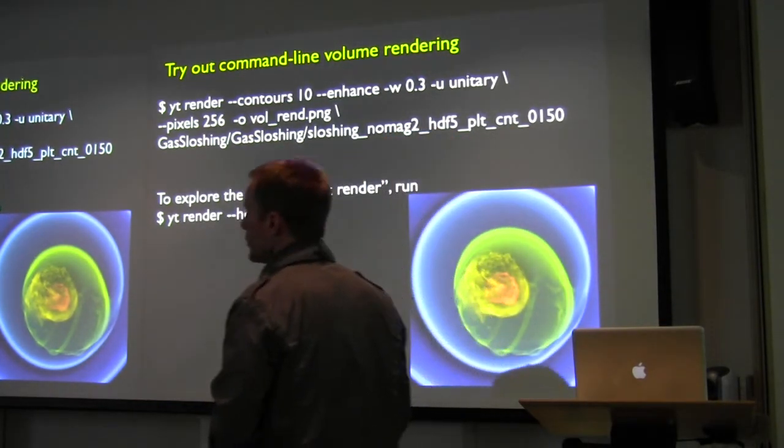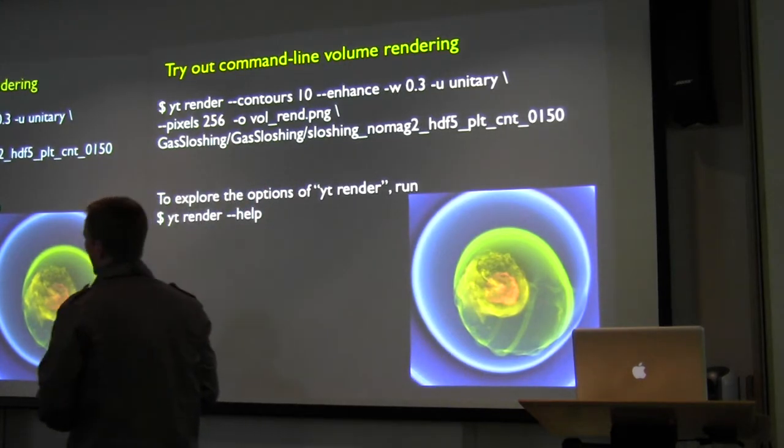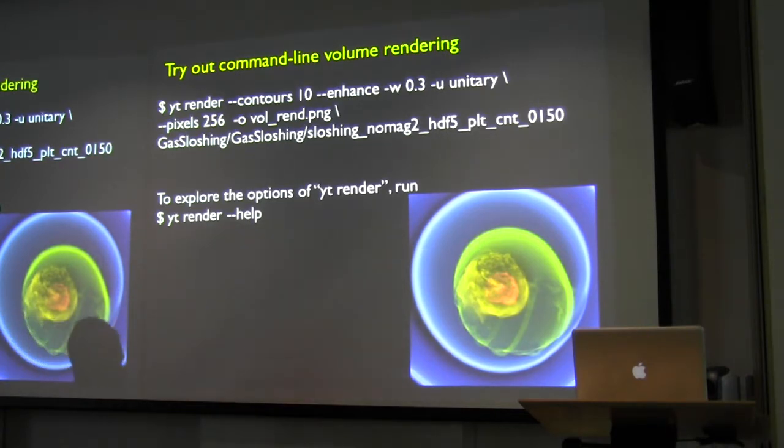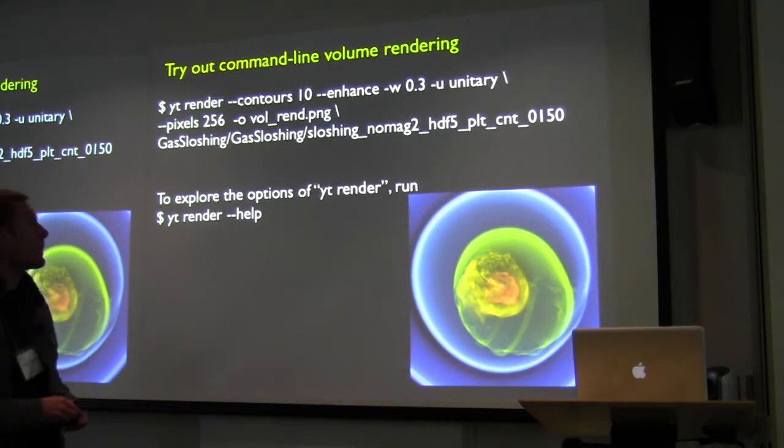Now what you're doing as you type this in is running something that we haven't yet introduced. YT has a number of command line options where you can type YT and then some command, whether it's analyze or render or hub submit or paste bin, which you guys have seen, paste bin grab.